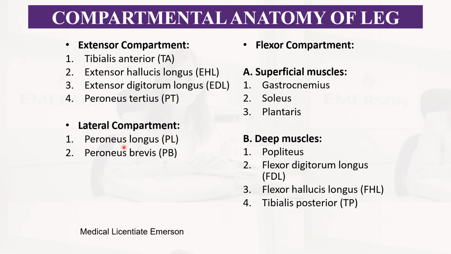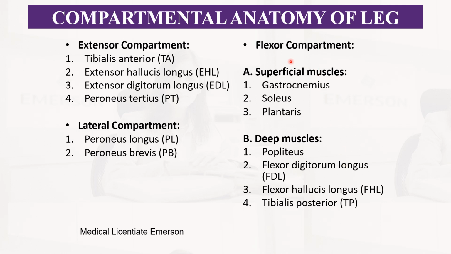Then the lateral compartment has the peroneus longus and the peroneus brevis. Then the flexor compartment has the gastrocnemius, the soleus, and the plantaris. Then in the deep muscles, we have the popliteus, the flexor digitorum longus, the flexor hallucis longus, and the tibialis posterior.